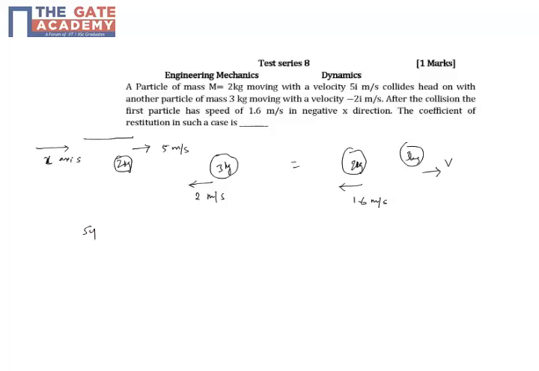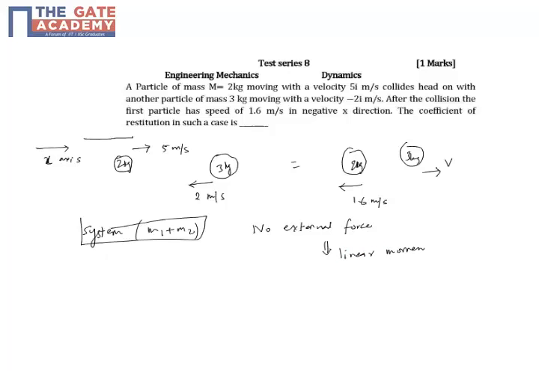But if you consider your system as m1 plus m2, both together, there is no external force, so no external force before, during or after the collision. If you consider your system m1 plus m2, with no external force, linear momentum is conserved.